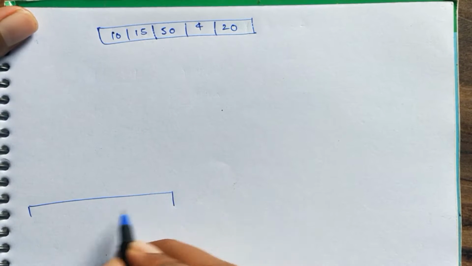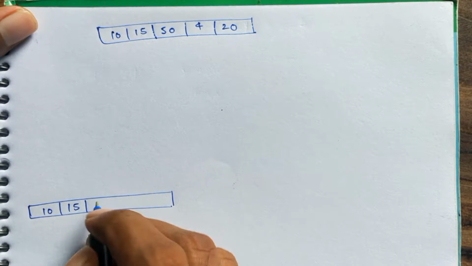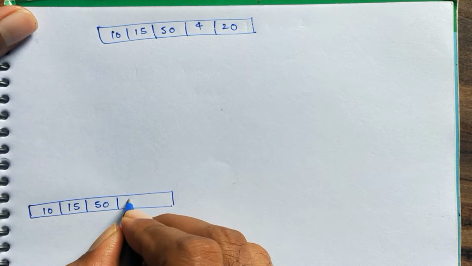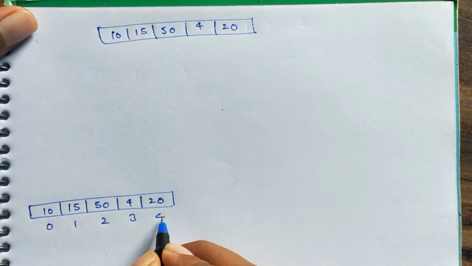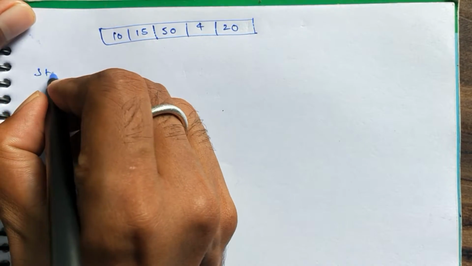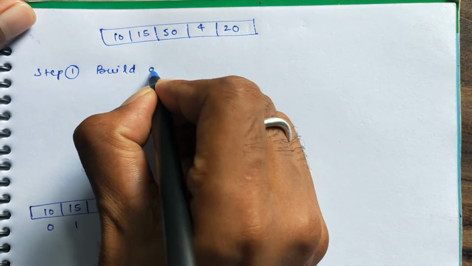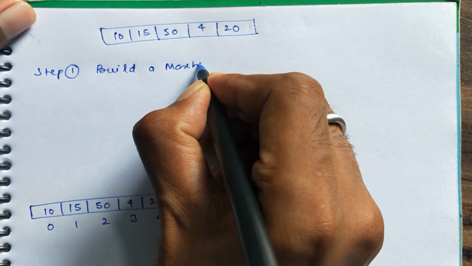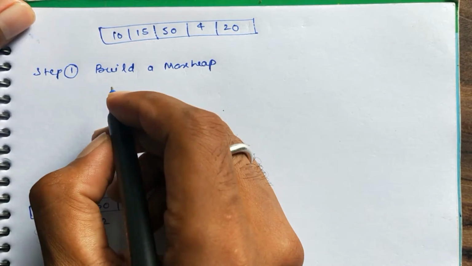So let's copy it here: 10, 15, 50, 4, 20, and mark the indexes 0, 1, 2, 3, 4. So in step 1, we are going to build a max heap, as we are going to sort the given array in increasing order.